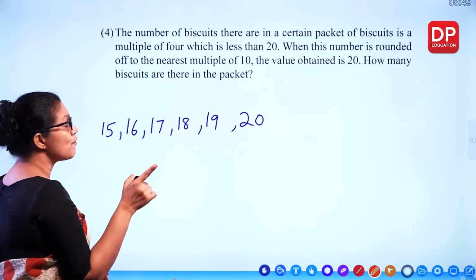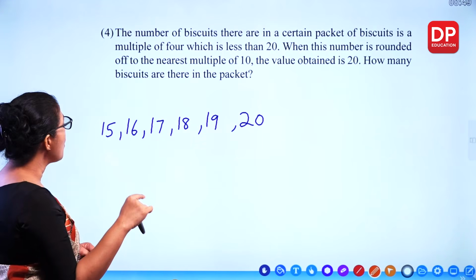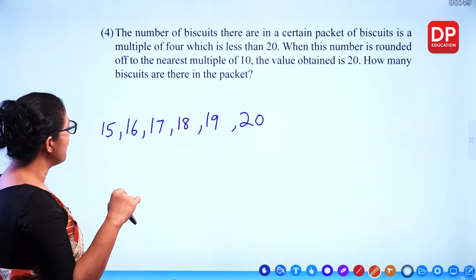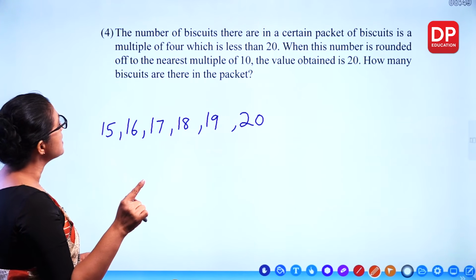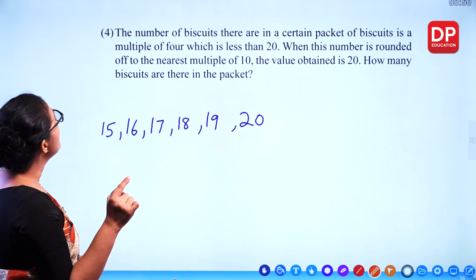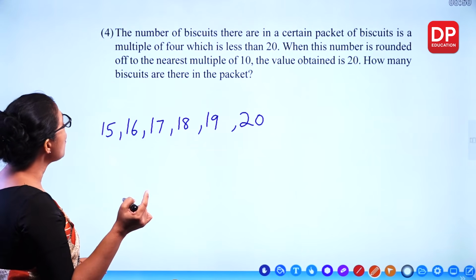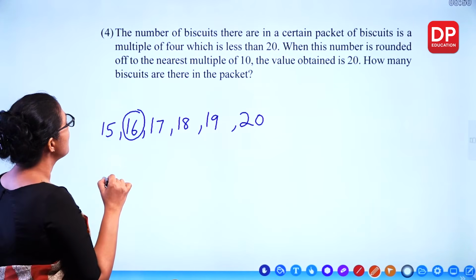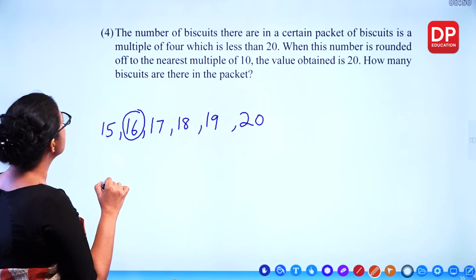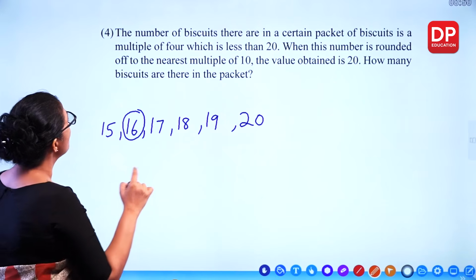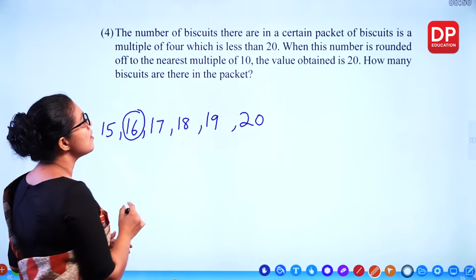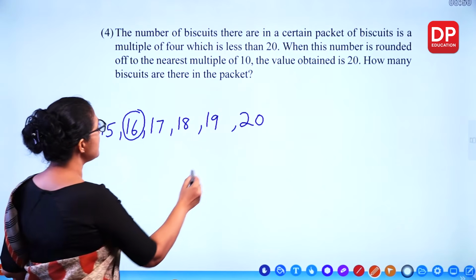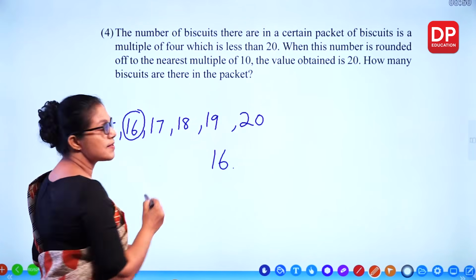But you can't take 14 because when you round 14 to the nearest 10, it becomes 10. So, these are the possibilities. And this number is a multiple of 4. Only you get 16. You can't take 20 because that's not less than 20. So, how many biscuits are there in the packet? It's 16.